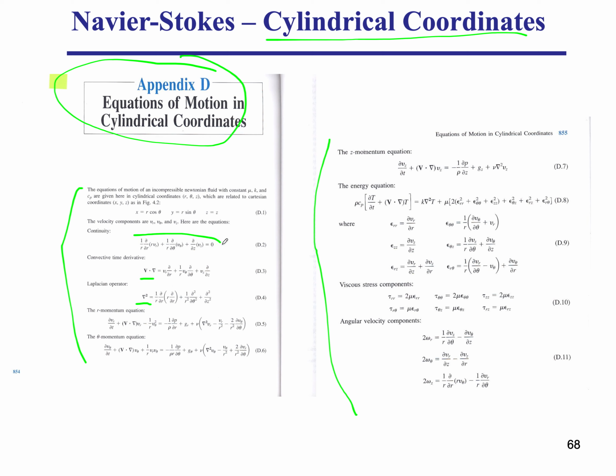So they give you the continuity right away, but then your R, theta, and Z momentum equations are given in terms of the convective derivative and the Laplacian for the shear stress. So you'll see the Laplacian on the right-hand side, while the convective derivative, you'll see it on the left-hand side. Here, that's the convective derivative, and that's your Laplacian.